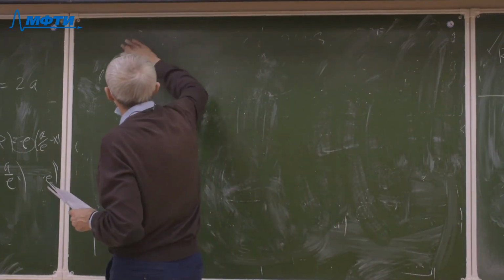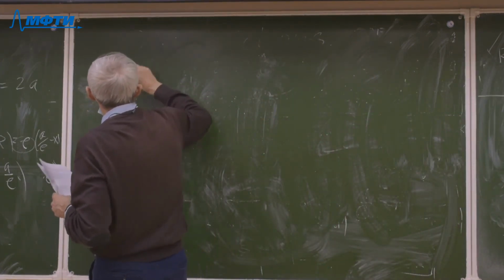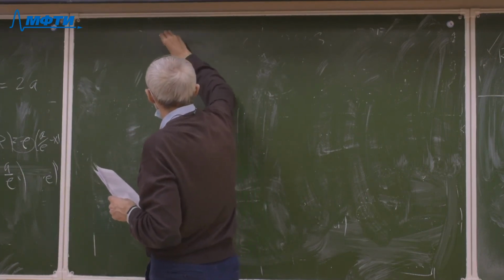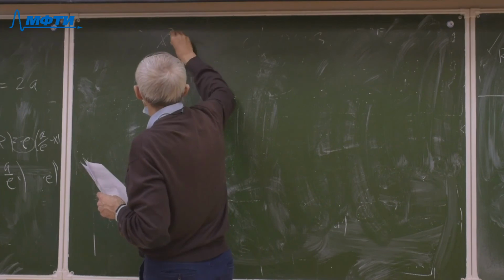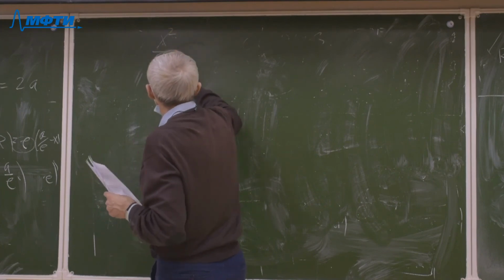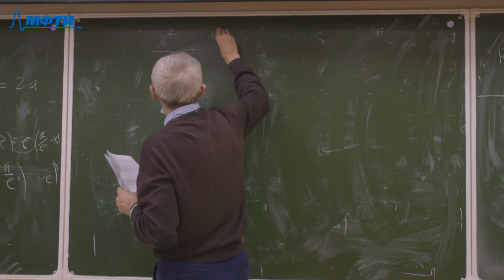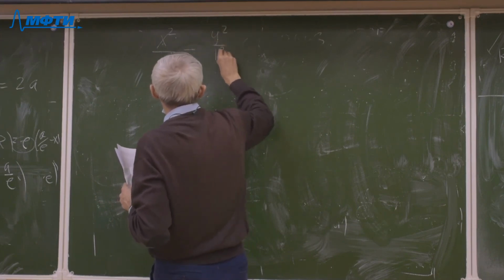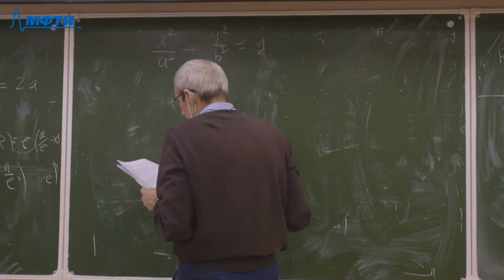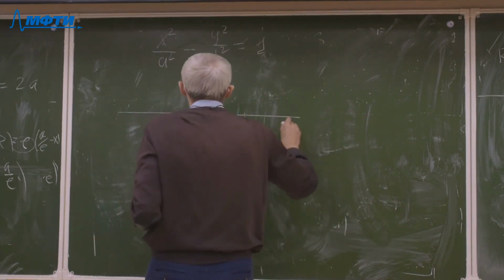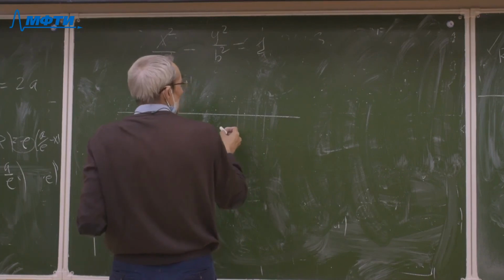The formula for this conic is the following: x squared over a squared minus y squared over b squared is equal to 1. The main idea is the same as above.